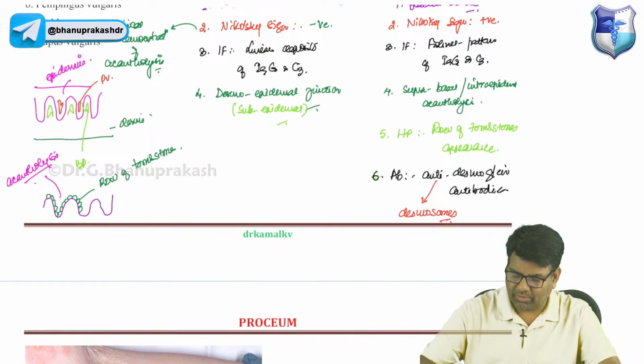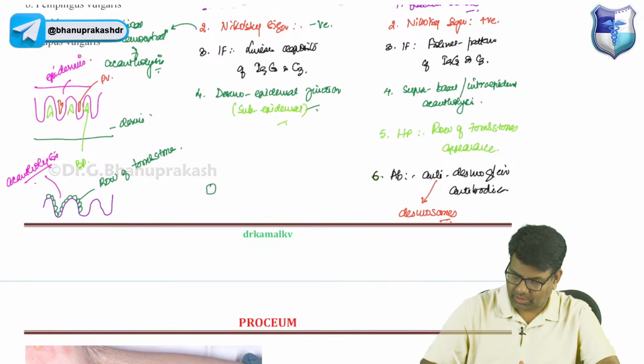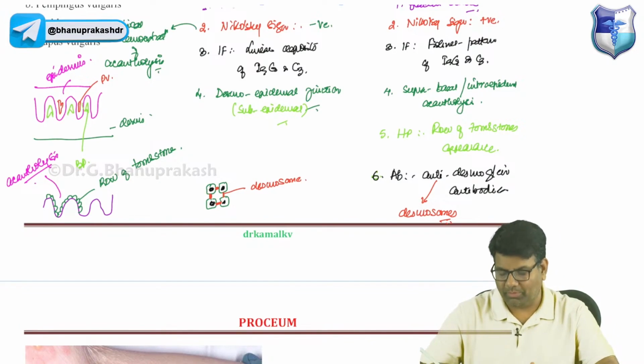Yes, DSG3, totally right. So desmosome is actually the connecting structure between the keratinocytes. Suppose these are keratinocytes, so there is a connecting protein between the keratinocytes, and this holds the epidermal cells together. Now this is the desmosome, and within this desmosome is the desmoglein protein.